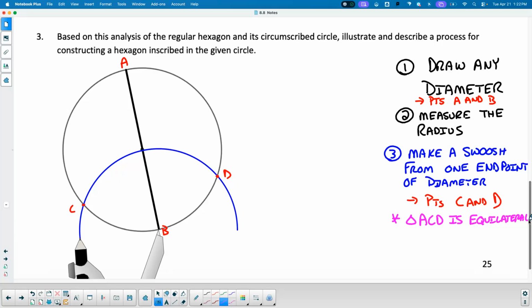So now we have to go to the other end. We're going to go to the other end point and swoosh.